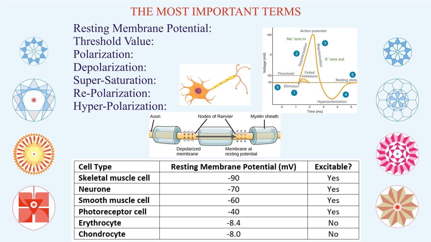But the picture on top is the same thing, just replication, as you understand. Resting membrane potential of skeletal muscles is minus 90, neurons is minus 70, smooth muscle is minus 60, photoreceptors in the eyes minus 40, erythrocyte, red blood cells, is minus 8.47, and chondrocyte is 8.